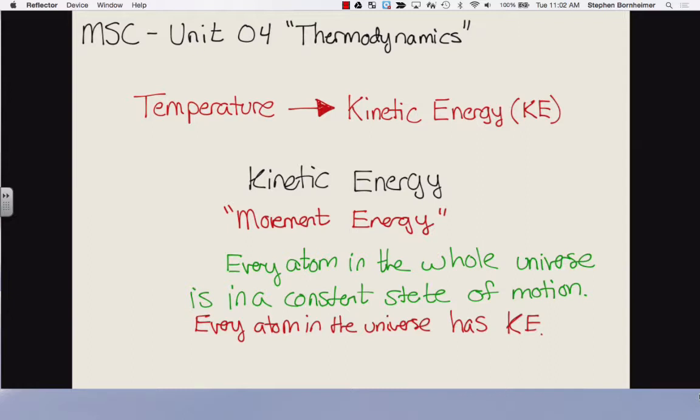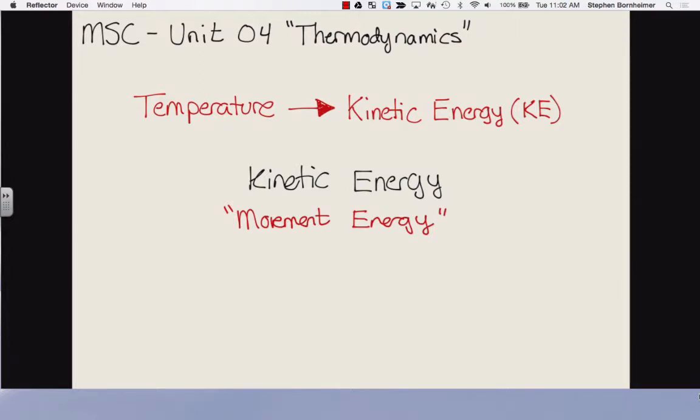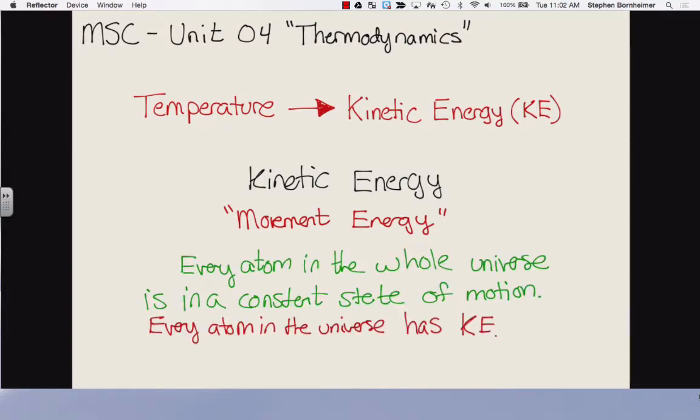So I'm going to move this over just a little bit, and I'm going to give you kind of a way to think about this. Okay? I'm going to do it on both sides of this statement. If something is moving fast, would we say it has more or less kinetic energy? Jaden? More. Okay, so if something is moving fast, we would say that equals greater kinetic energy.